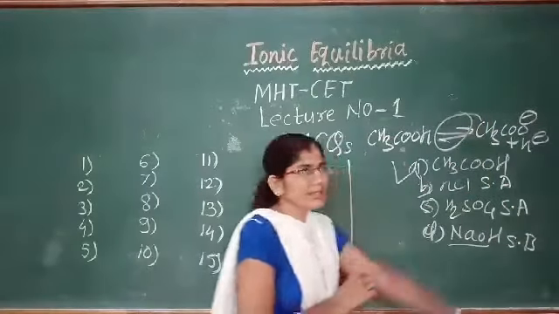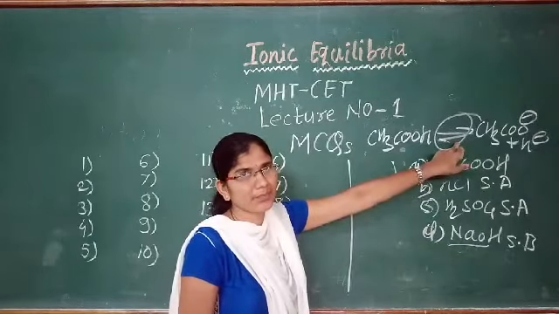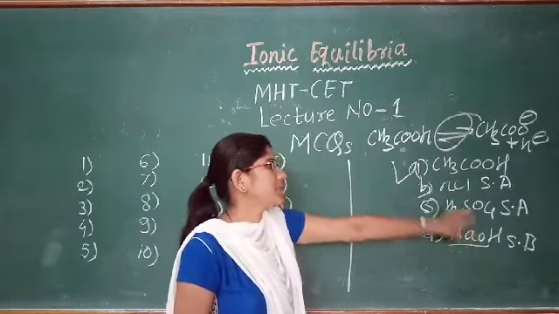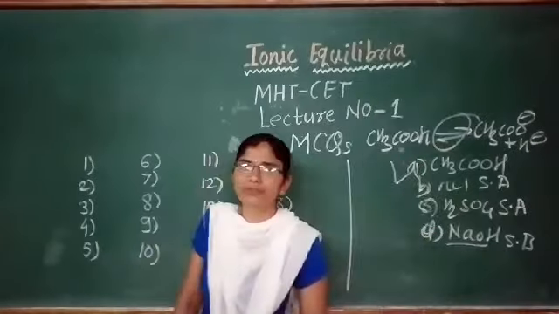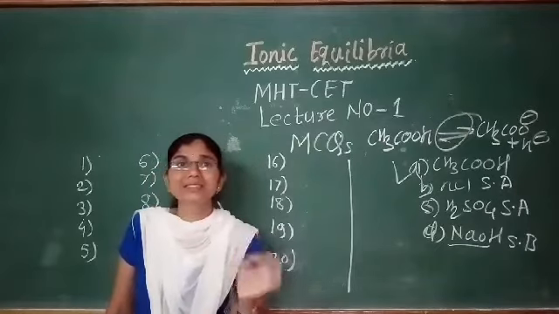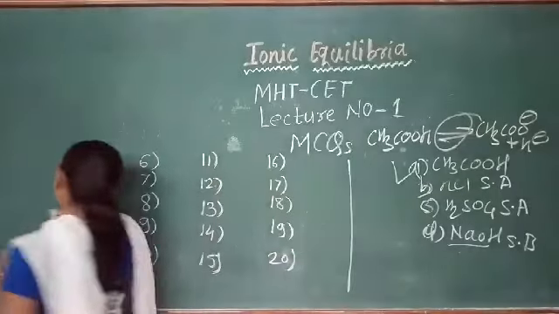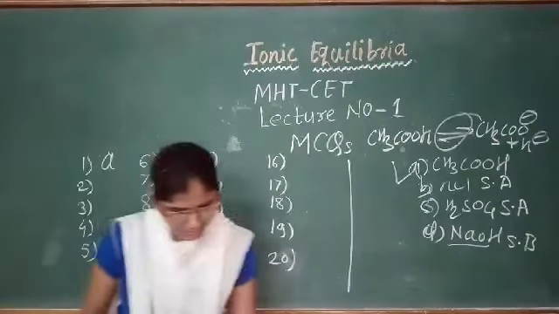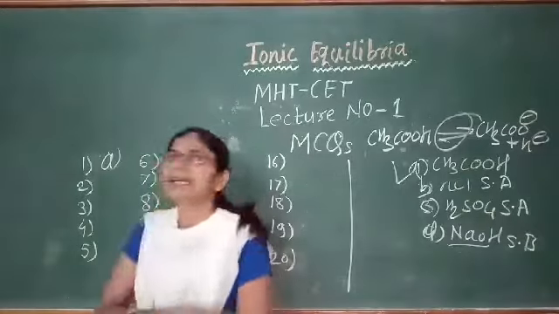This is the partial dissociation. HCl, H2SO4 and NaOH dissociate completely, but acetic acid dissociates partially, and therefore it is a weak electrolyte. So the correct option for the first question is A.